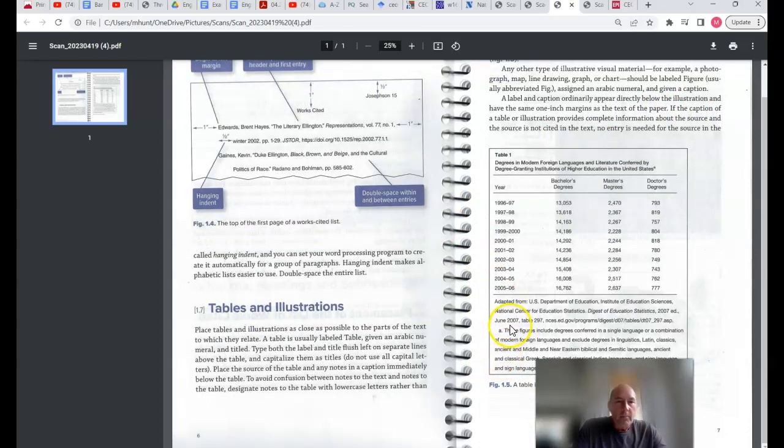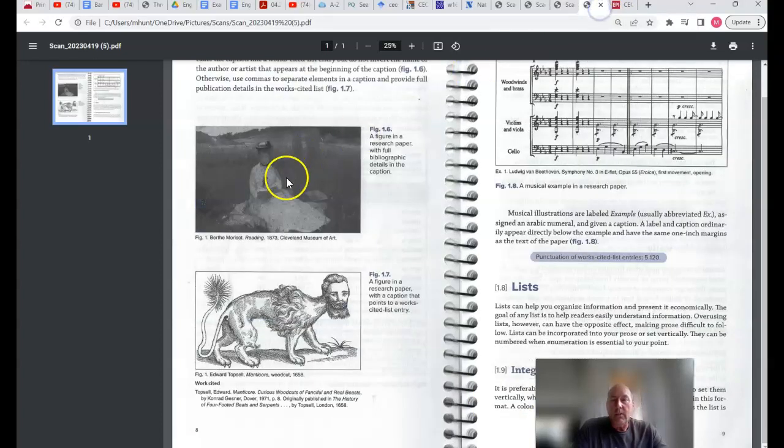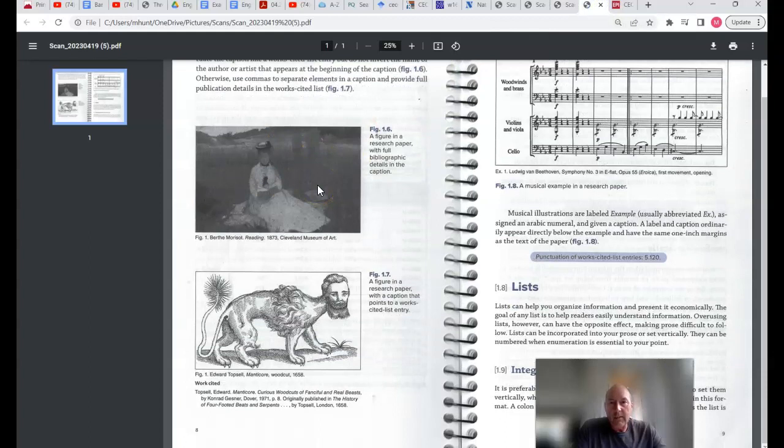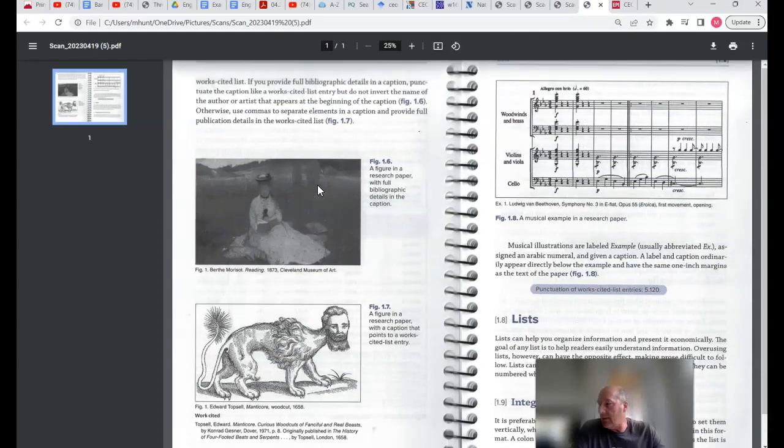Just to let you know, this part right here is the table, and below it is a little explanation, and then below that is the citation. So here are some other examples. This again is pages 6 through 8 of the 9th edition MLA handbook, if you want to cite that.